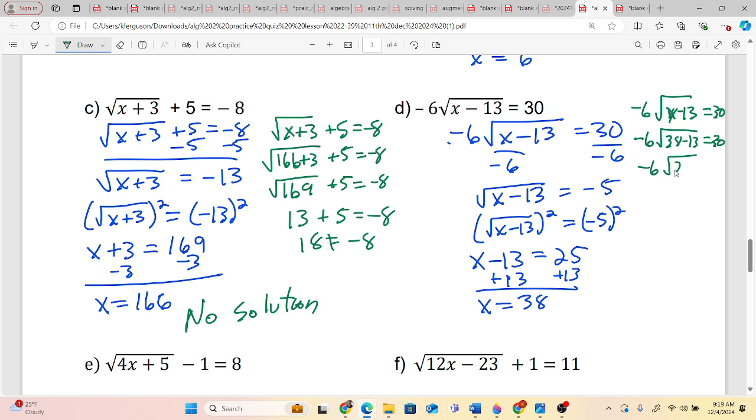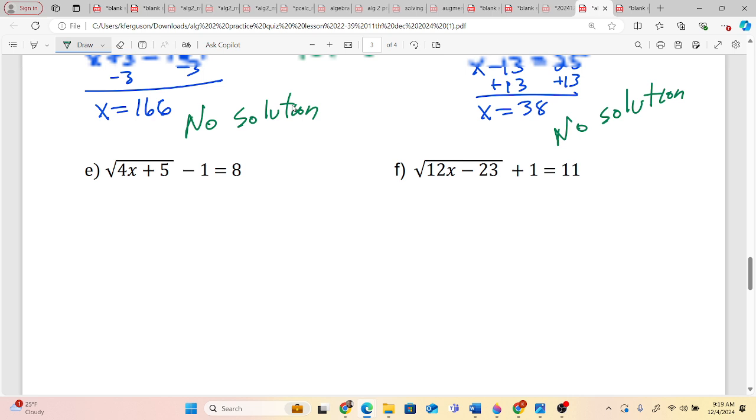So the square root of 25 equals 30. Well, the square root of 25, I know what it is. It's 5. So negative 6 times 5 equals 30. Negative 6 times 5 is negative 30, my guy. And negative 30 does not equal positive 30. So there's no solution for this.